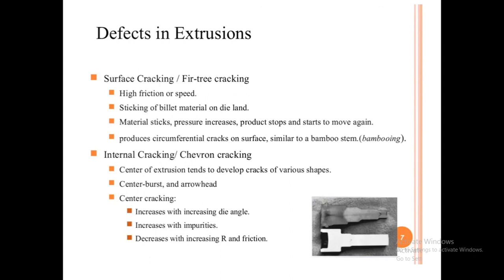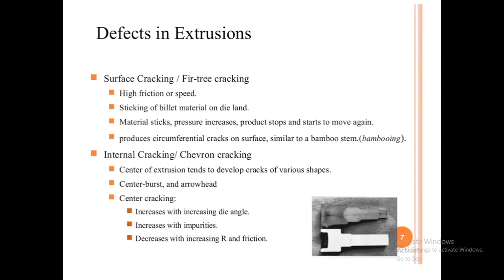Then sticking of the billet material on the die line: if the billet, meaning the raw material, sticks on the die, then surface cracks will also be produced. Then the material sticks, pressure increases, the product stops and starts to move again, meaning the process is not continuous.